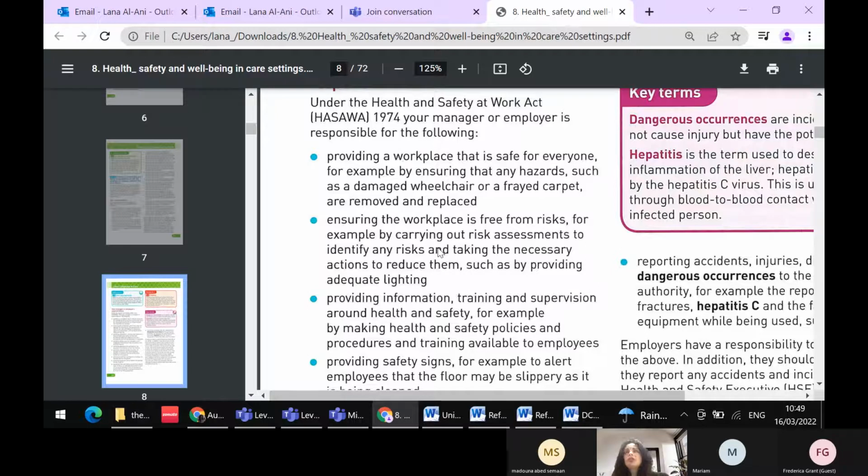Also my manager's responsibility is to make sure that the environment is good for workers, like good lighting, good air, fresh air, good fire exits provided.